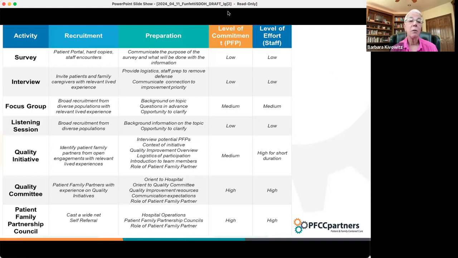I was invited to be on the team that was working on these scripts. And so I took my red pen and went through the scripts and made them simpler, much more patient focused, and showing the benefit to the patient and to the patient's community. So that's just one example.